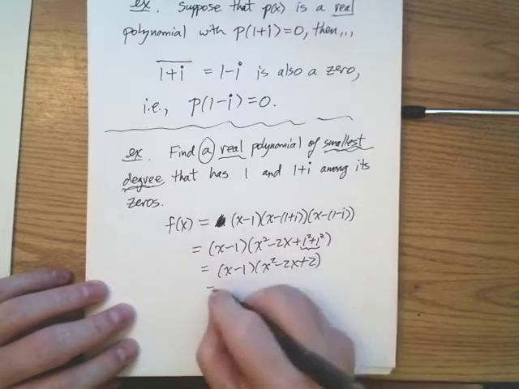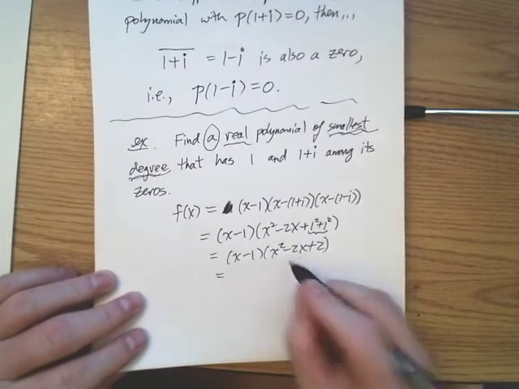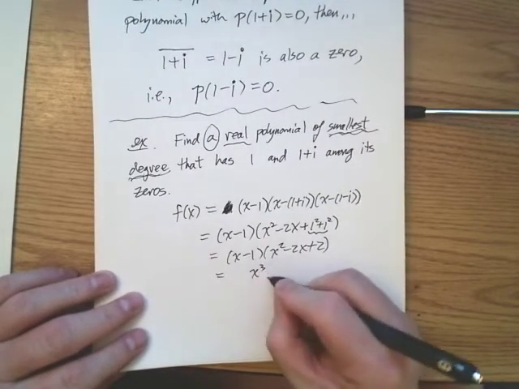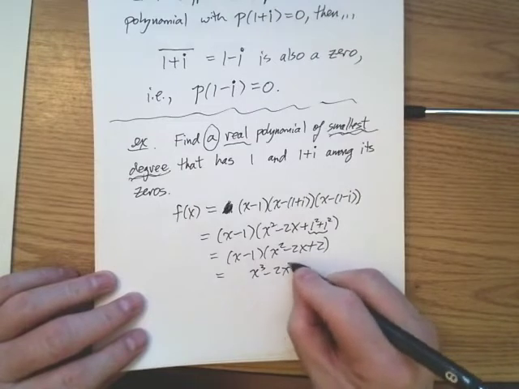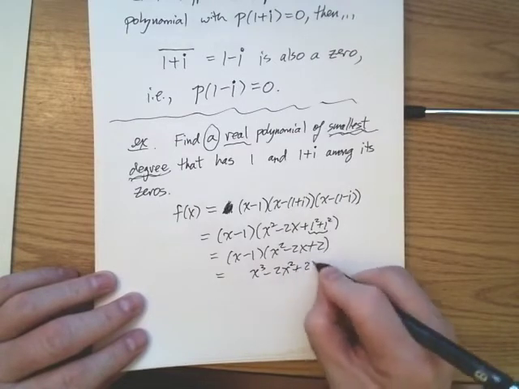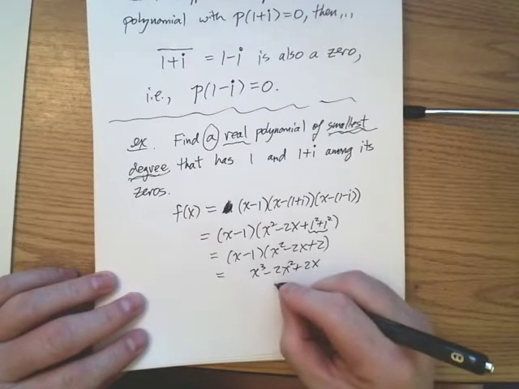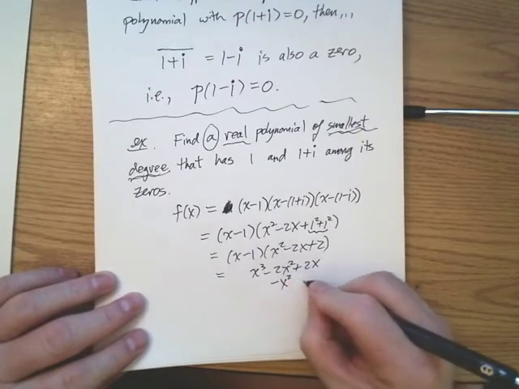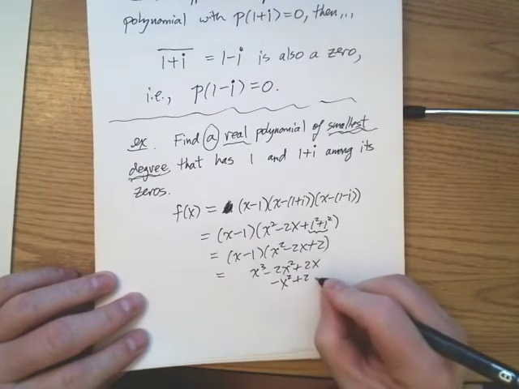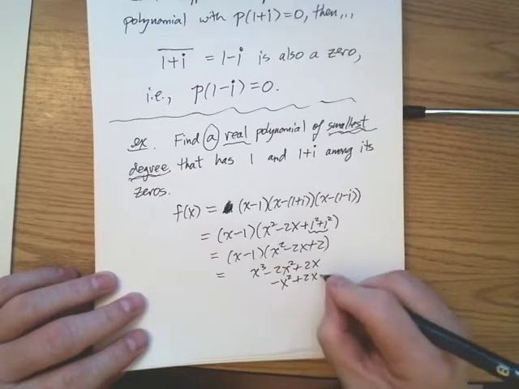Let's go ahead and multiply that out. Okay, let's go x cubed minus 2x squared plus 2x, multiplying with the x. And then with the minus 1, I'll go minus x squared plus 2x, it looks like, minus 2.